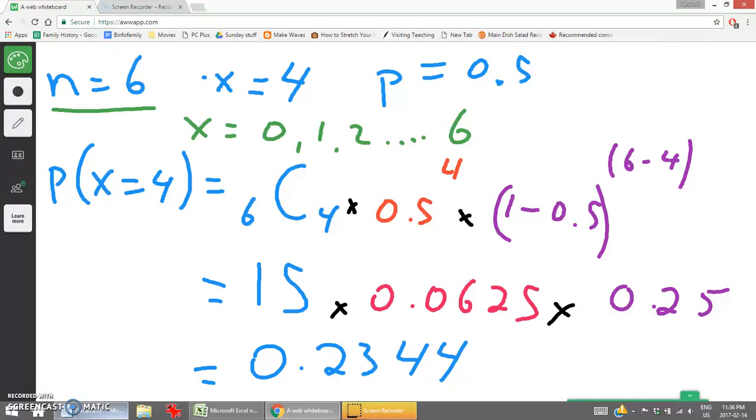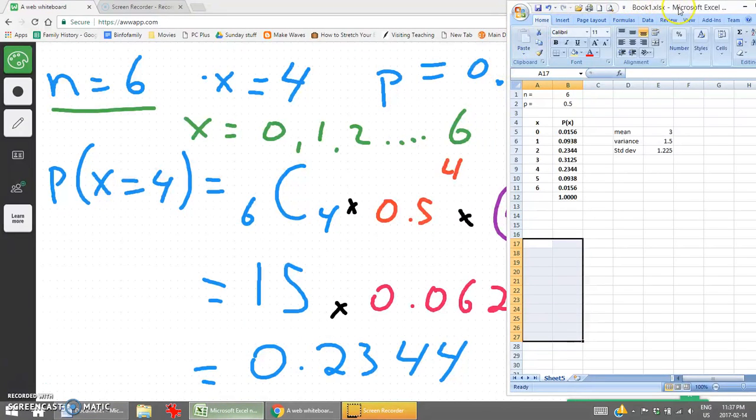So we cannot have 6 coins and look for the probability that 7 of them show heads, or a fraction of them show heads. Binomials deal with discrete numbers, whole numbers, and x can range over those values.